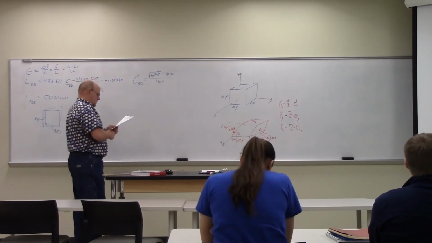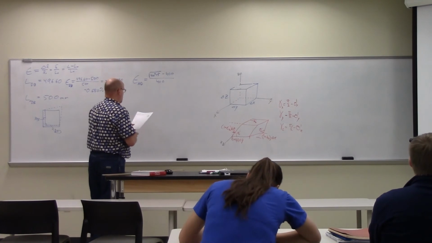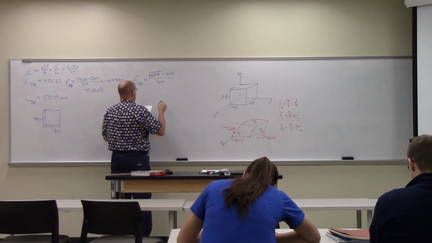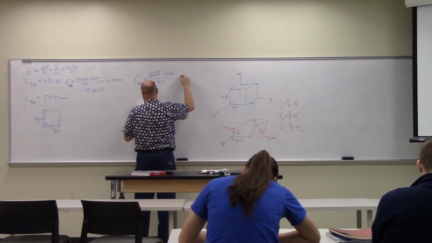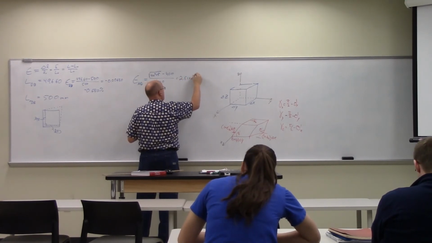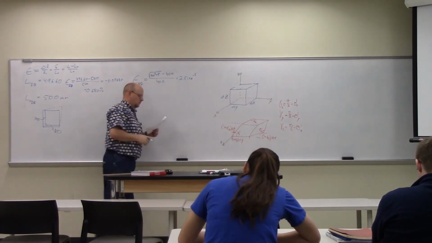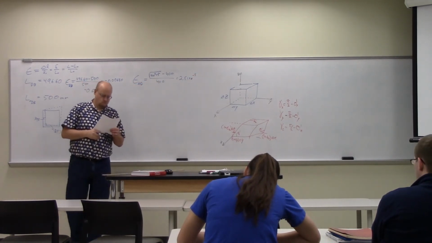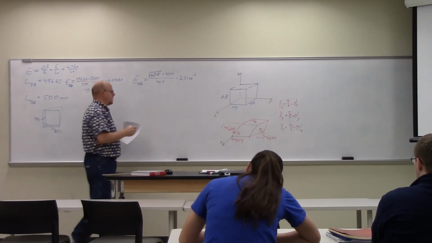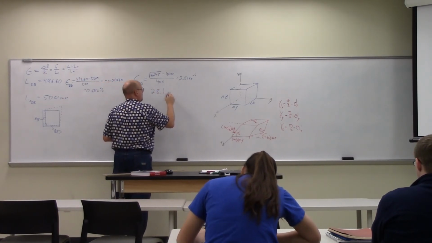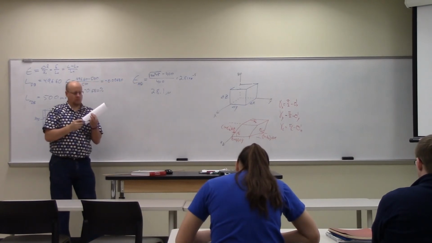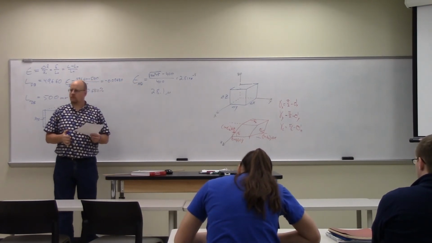And if you do that, I think you get 2.81 times 10 to the minus 5. Yep, okay. Or we might list that as 28.1 microstrain. Good?